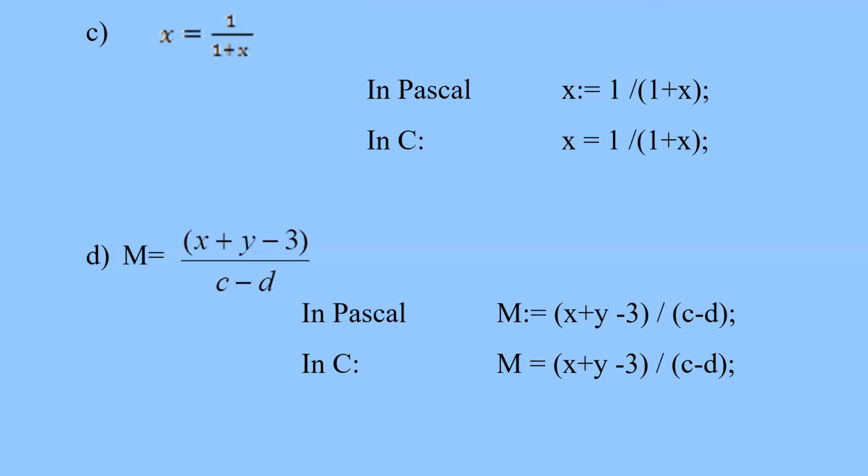The final answer you are going to get, divide it by the answer you get after subtracting the content of memory location called D from the content of memory location called C. The final answer you get, assign it or store it in the memory location called M. The same applies to C. The only difference is the assignment operator.